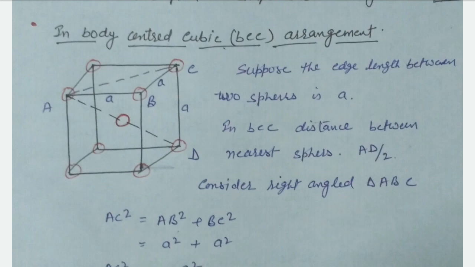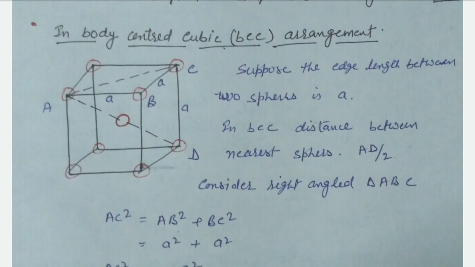There we can calculate. First of all, take the right angle ABC. AC square is equal to AB square plus BC square. AB length is a, so a square plus a square gives AC square equal to 2a square.